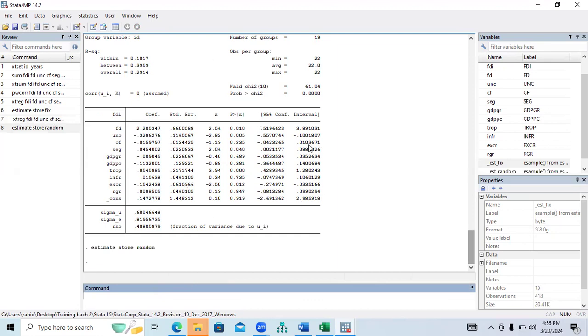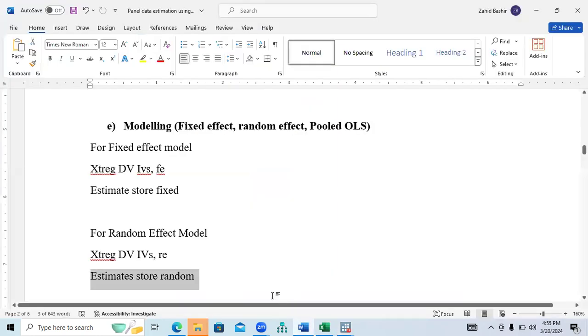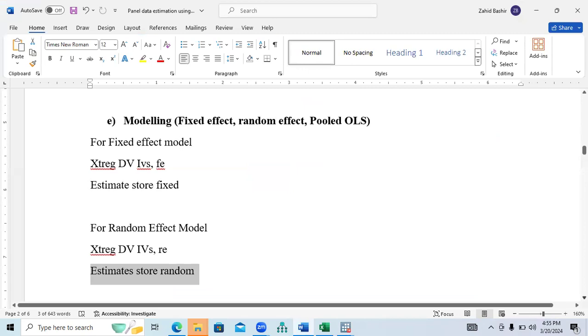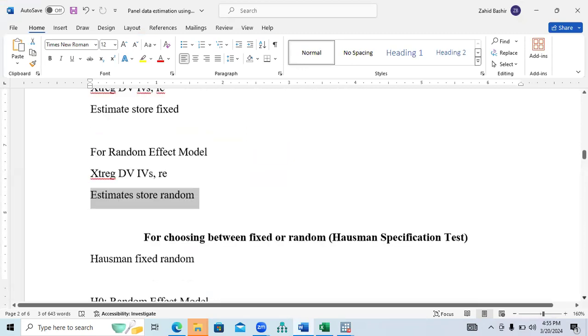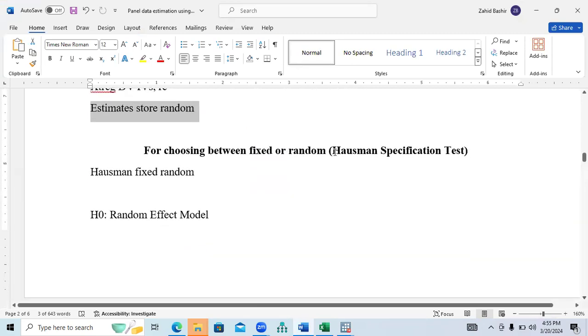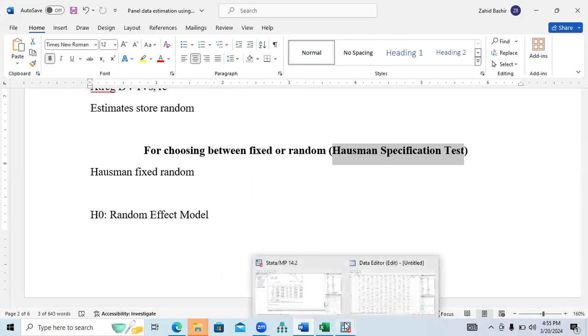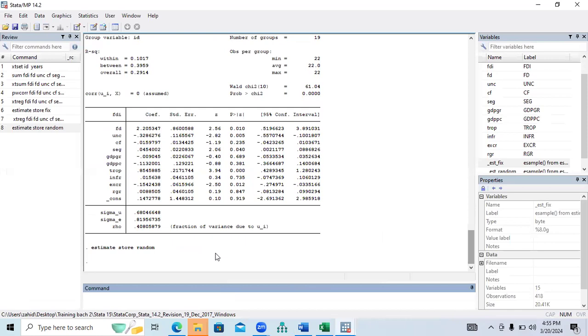So when you have done this, the next thing you need to decide is which model is really significant. So we need to run the Hausman specification test. This test will let you know whether your fixed effect model is valid or random effect model is valid. So we can run hausman fix random.